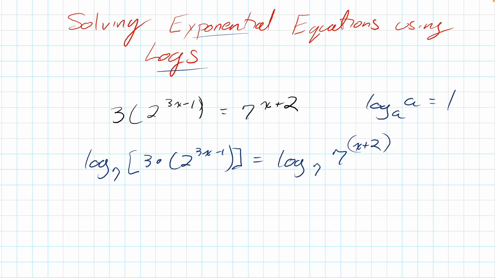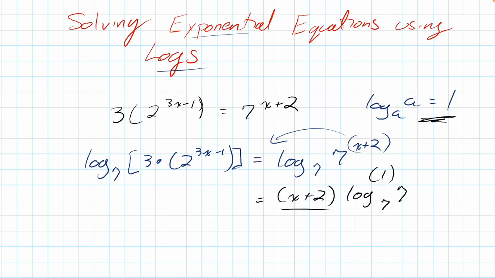You then used an exponential rule to make this a coefficient, which worked out really nicely. So on our right-hand side, we had x plus 2 times log base 7 of 7, which according to this rule is just going to be a 1. We'll just be left with x plus 2. And then here, you noticed that this was multiplied, so you split it. You had log base 7, argument 3, plus log base 7, and the argument is 2 to the power of 3x minus 1.